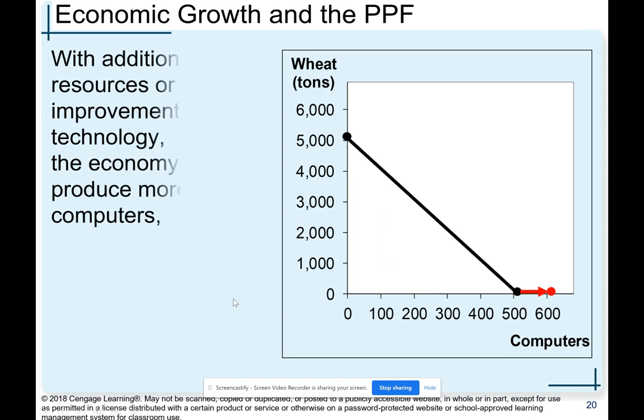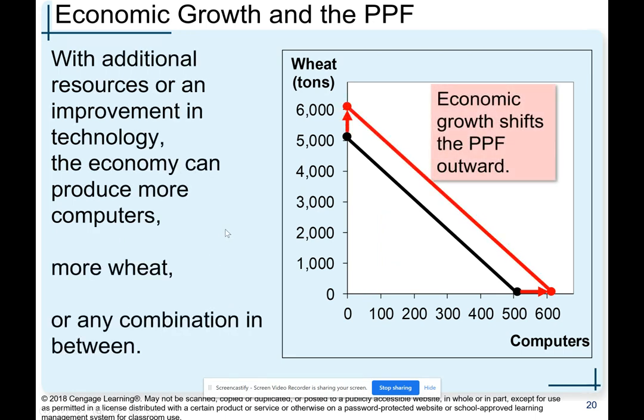Okay? So, economic growth. At some point, the economy grows. Remember the production possibilities frontier. That is the boundary between what is possible and what is not possible. To produce more means you have to have more resources. You have to have more land or more labor or better technology. Something has to happen. And when that happens, the curve shifts out to the right.